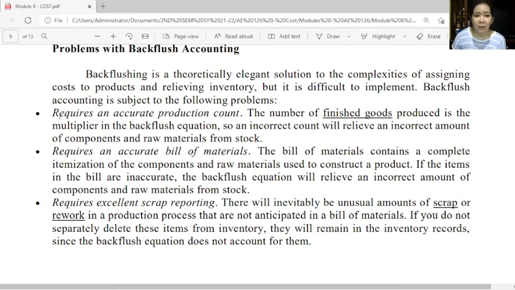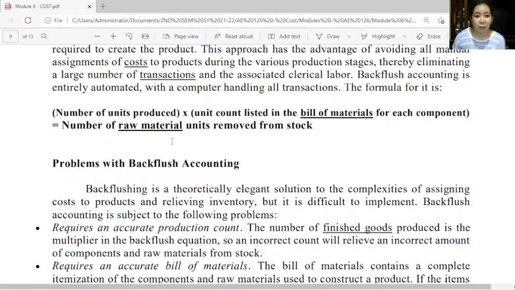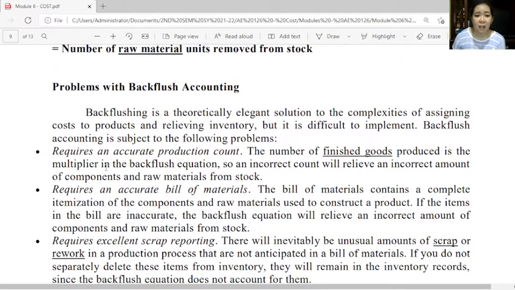In backflush accounting, it requires an accurate production count because the number of finished goods produced is the multiplier, okay, remember in our formula right here. So if this production count is inaccurate, then it will also lead to an incorrect count for the raw materials from the stock.